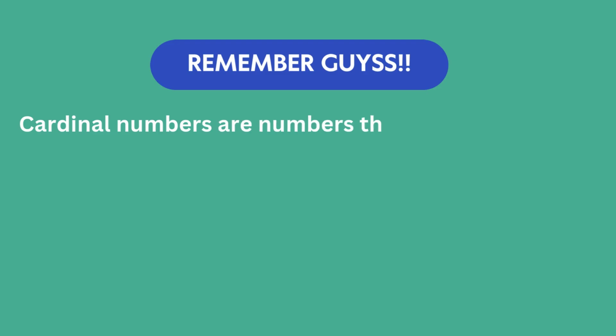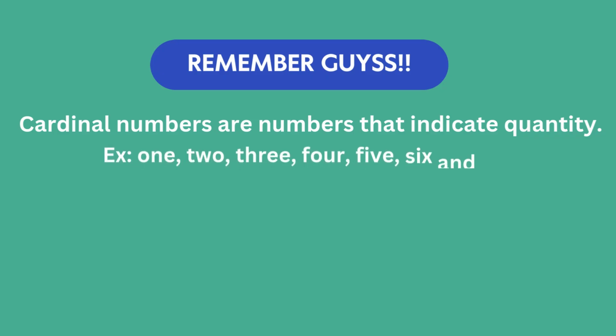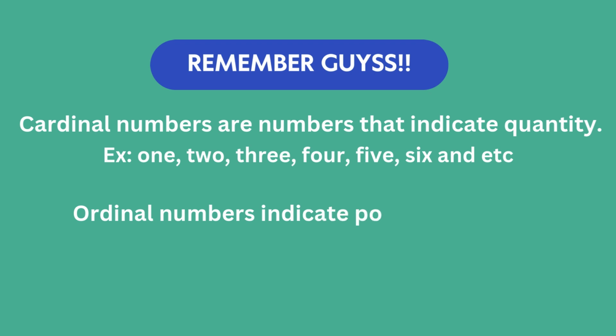Okay guys, remember, cardinal numbers are numbers that indicate quantity. For example, 1, 2, 3, 4, 5, 6, and so on. An ordinal number indicates position or order.